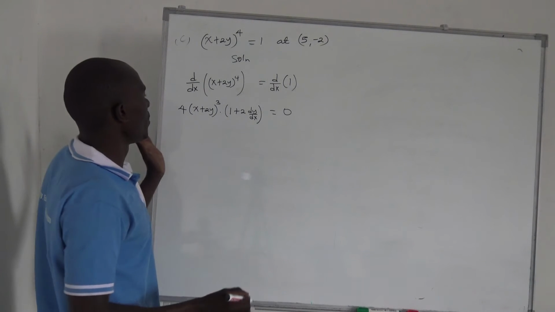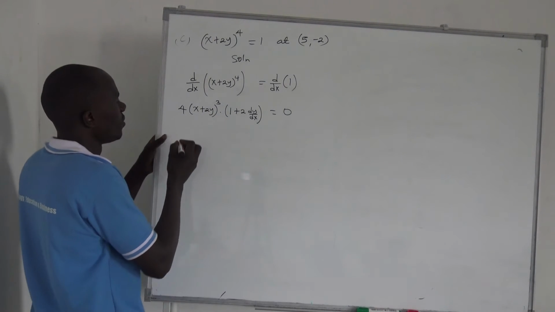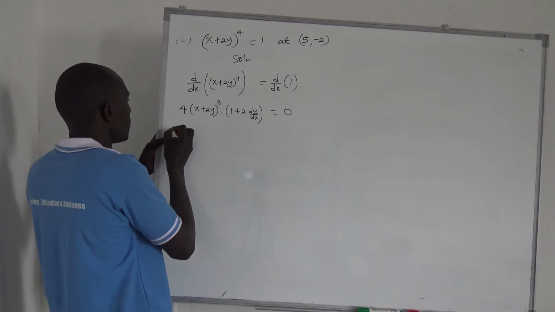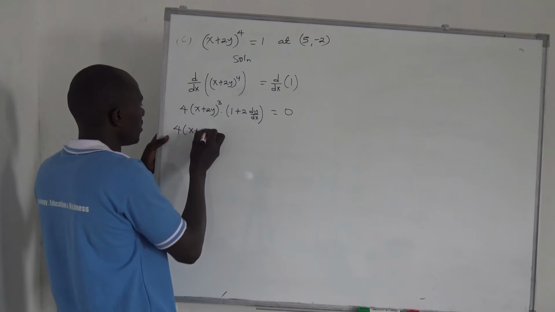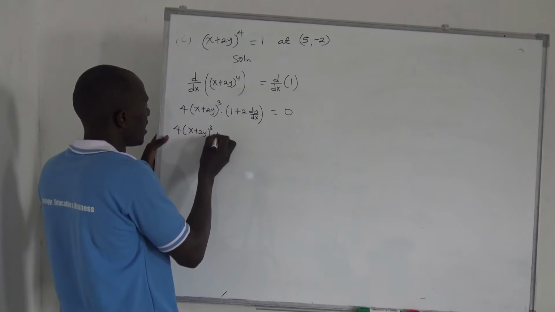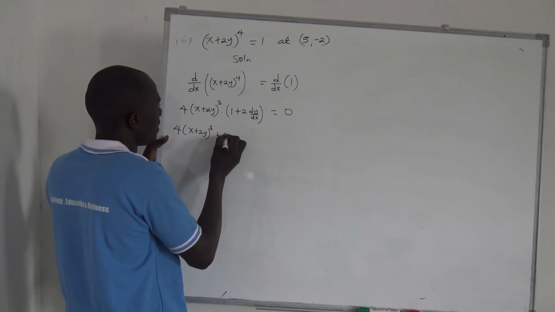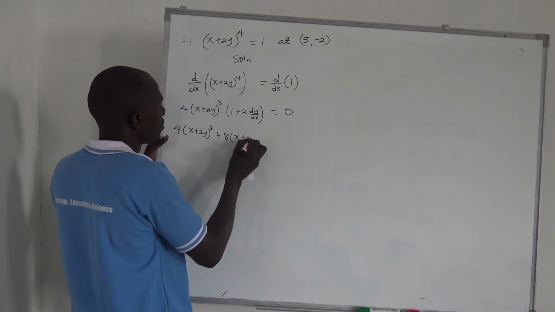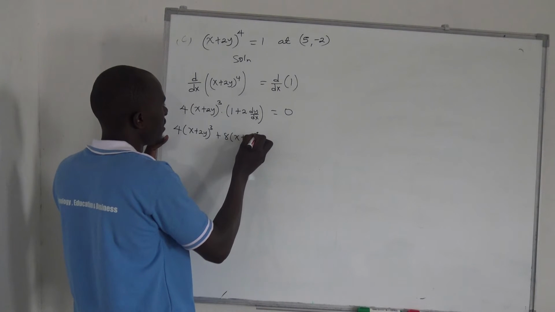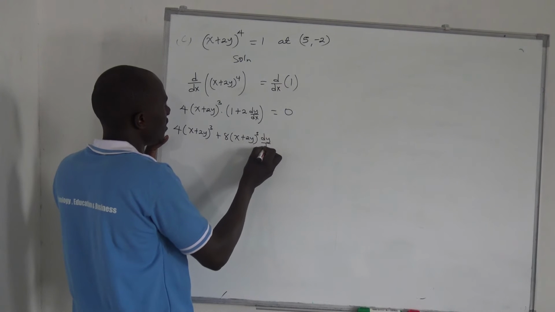So now we are free to push in and open. What do we get? 4 times that, we get 4(x + 2y)^3 plus, this times this, we get 8(x + 2y)^3 dy/dx.